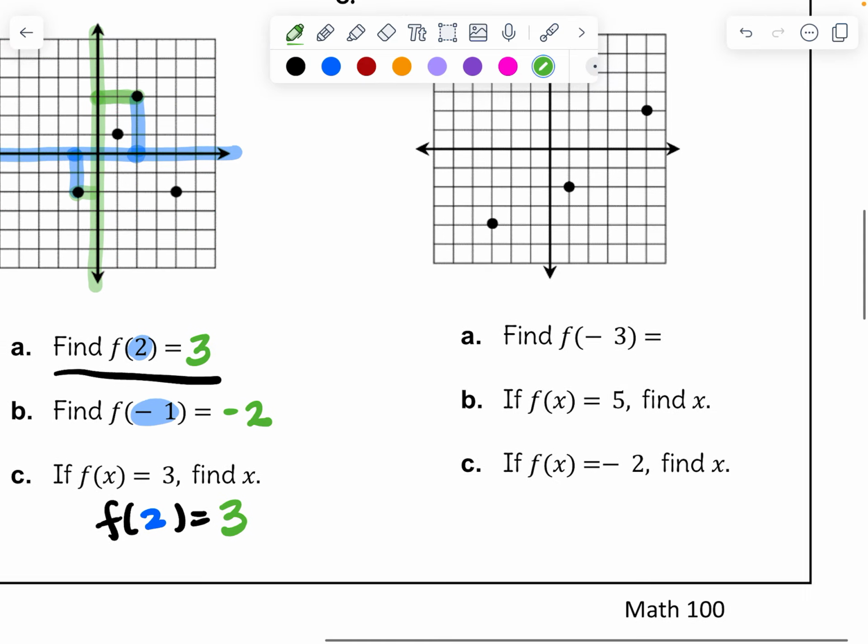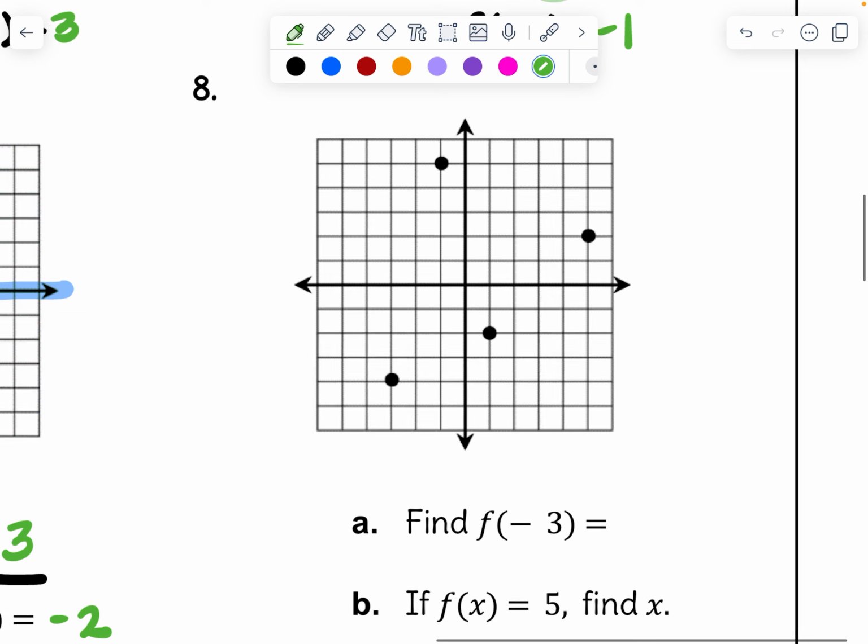So let's try this a different way, where you just label the points first and then answer the questions. So this is my x-axis. This is my y-axis. This point would be negative 2 for x and 5 for y.